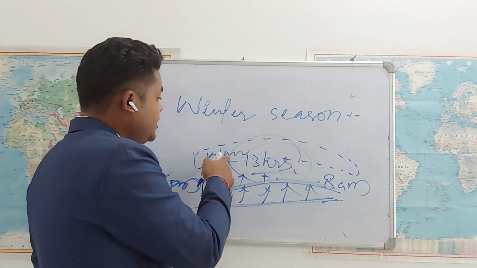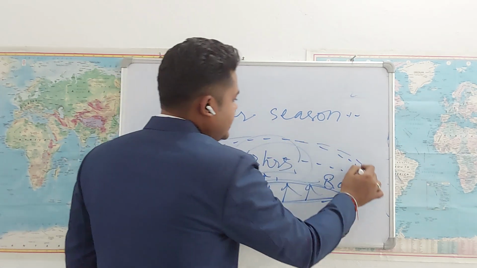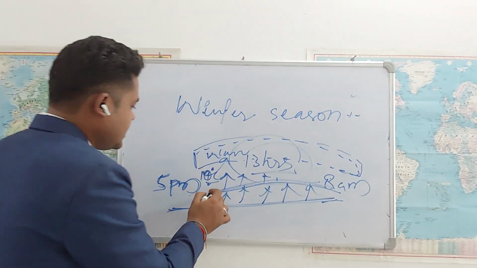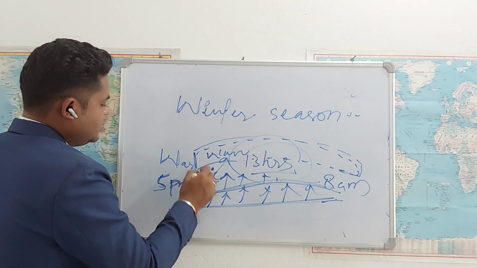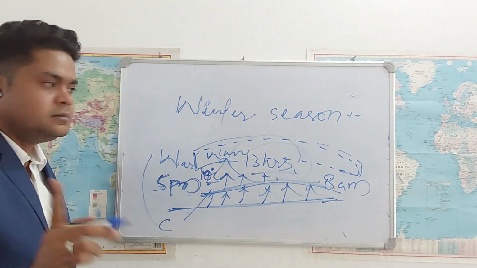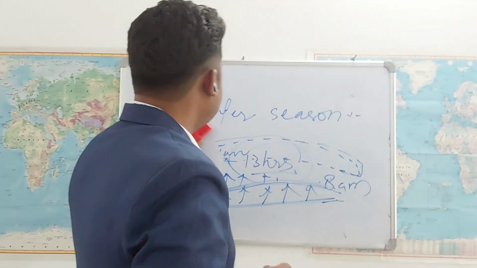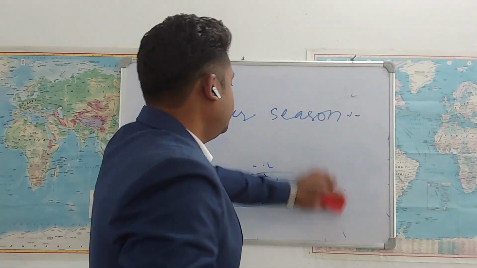It went to the warmer part and it will stay there. So you see the classic case of cold and warm, that is temperature inversion. So that is the winter season.